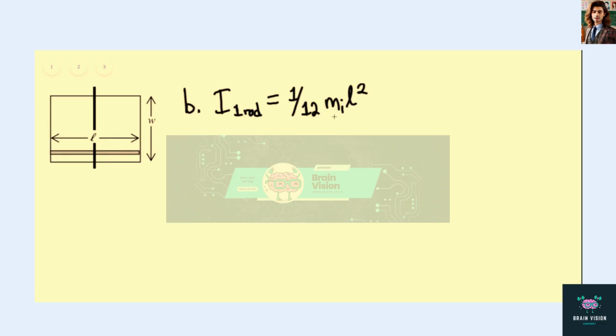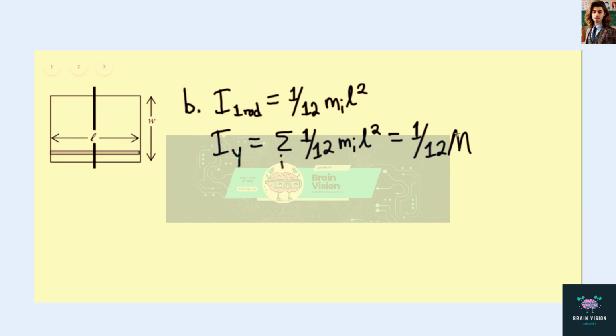So for a collection of these rods, we can say that the moment of inertia with the rotation axis being in the y direction would be equaling the sum over i of 1/12 m sub i L squared, and this is simply equaling 1/12 times the total mass M times L squared.